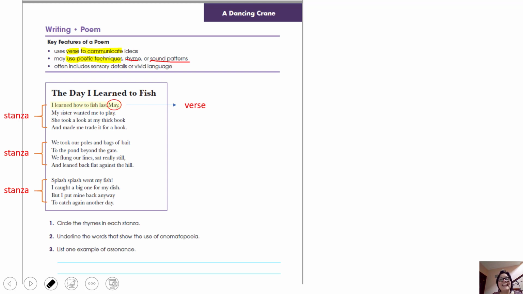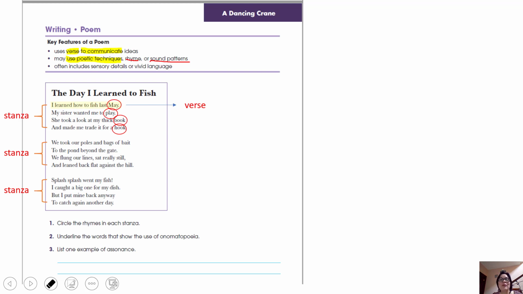What word at the end of the verse, remember that has to be at the end, rhymes with may? Exactly, play, may, play. They sound similar, so that is a rhyme. Now, can you see another rhyme in the other verses? Remember that rhymes are at the end of the verses. For example, book rhymes with hook.